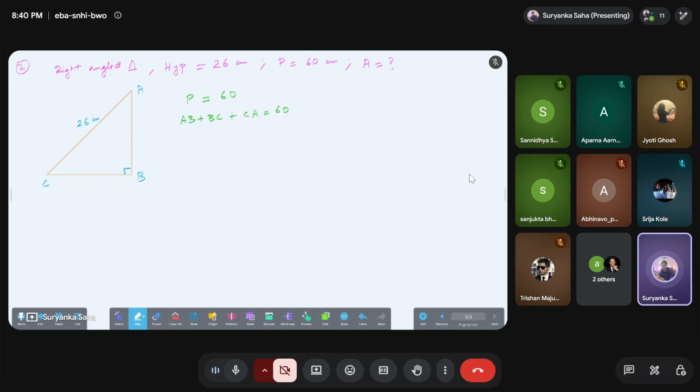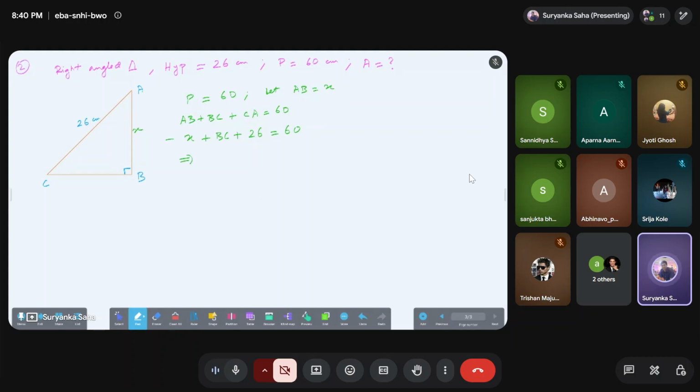You can take any one of them as x. Let AB equal x. Then x plus BC, you write BC only, plus CA, you write CA is 26, hypotenuse, equal to 60.